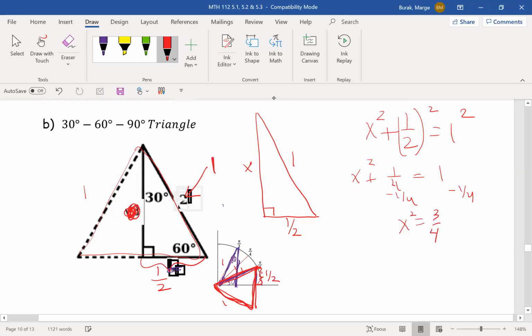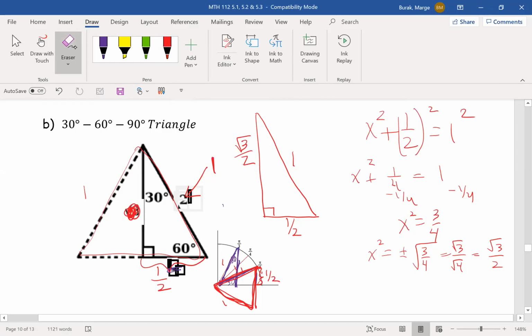So if we take the square root, we'll get plus or minus the square root of 3/4, which is the square root of 3 over the square root of 4, or the square root of 3 over 2. Now notice I took the positive value on this because we are talking about a length. It will be negative sometimes when we go back to our unit circle. All right, so that gives us the square root of 3 over 2 is the missing length here.